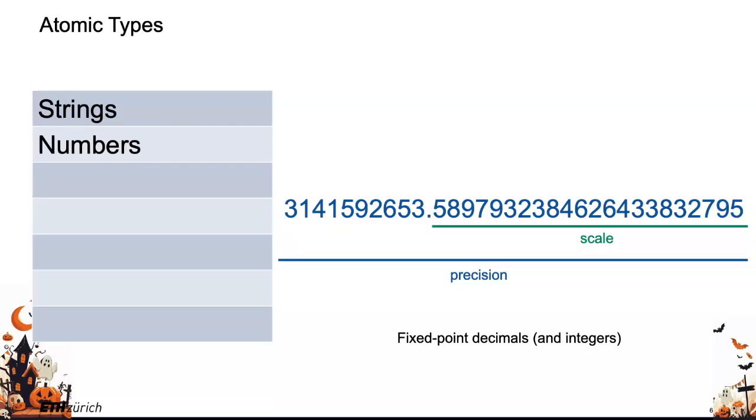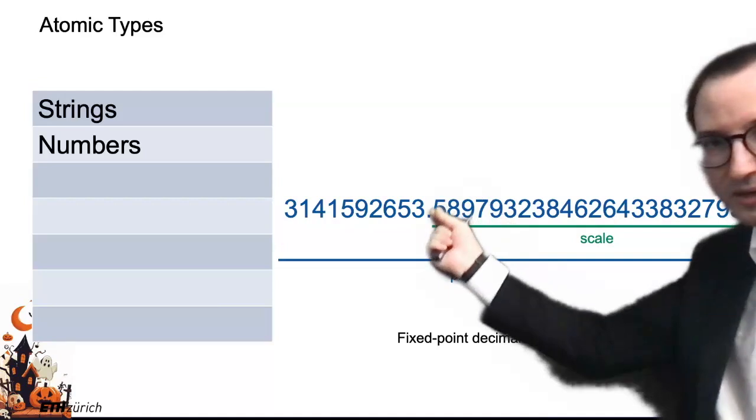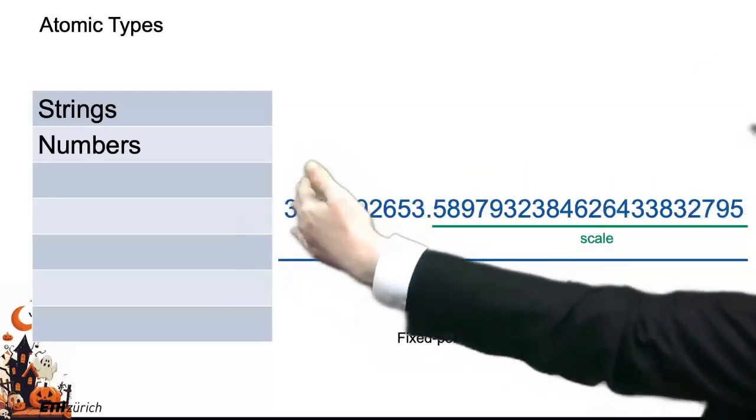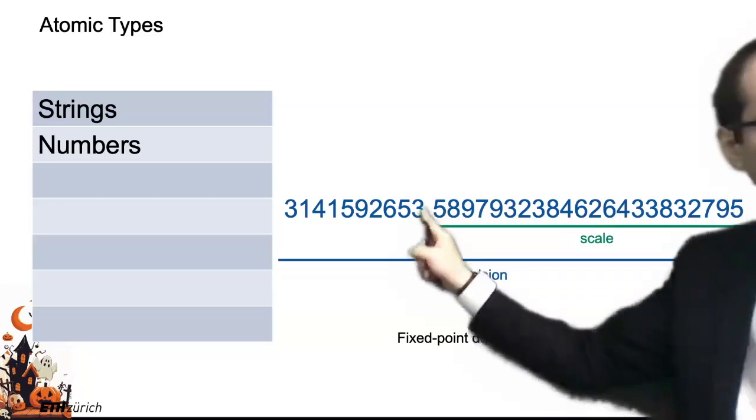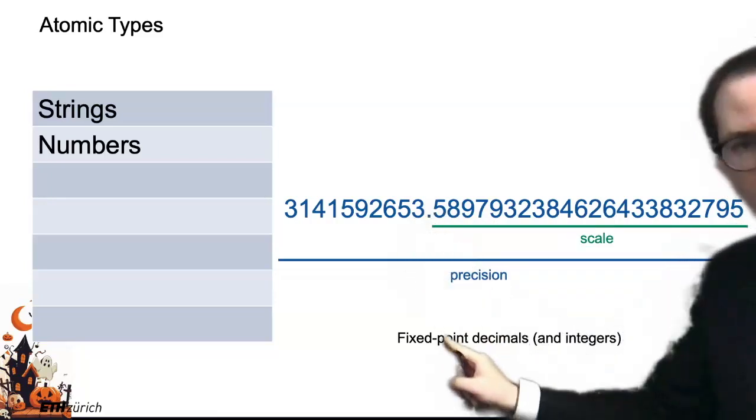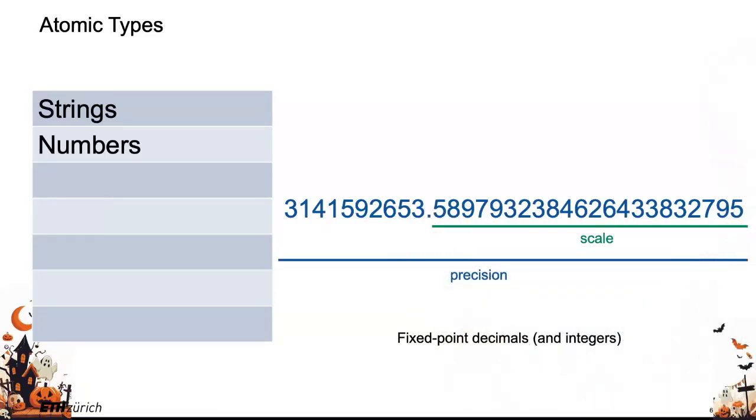So basically, this is called fixed point decimals, because the point is always here. You basically store all the bits corresponding to all these digits, but you always put the point at the same place in these digits. So this is also a possible way to store the numbers, and so there are types for this.